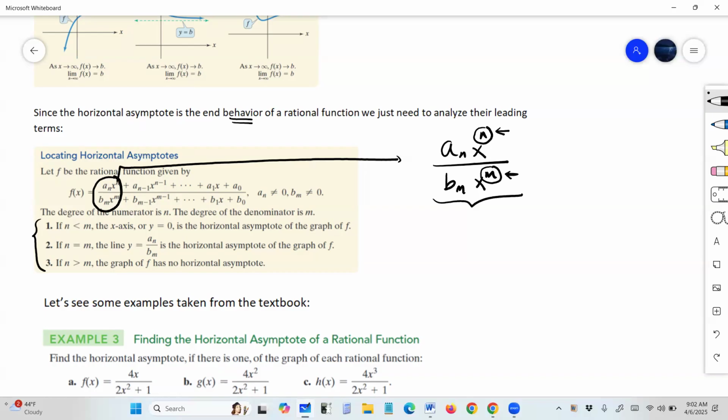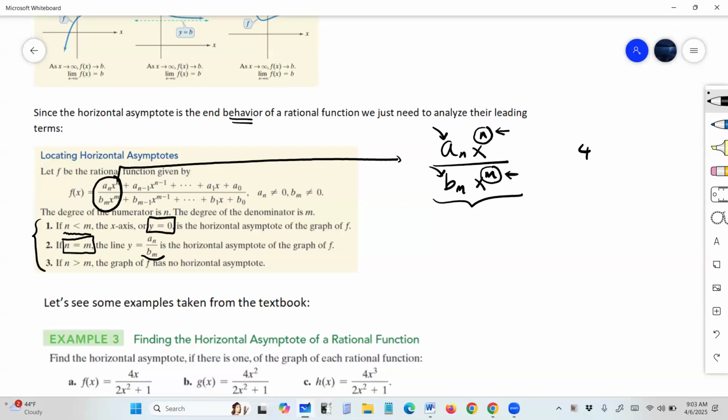If the exponent n is smaller than m, then the rational function has a horizontal asymptote at 0, y equals 0. If the two exponents are the same, then the rational function is going to have a horizontal asymptote at the ratio of the two coefficients.